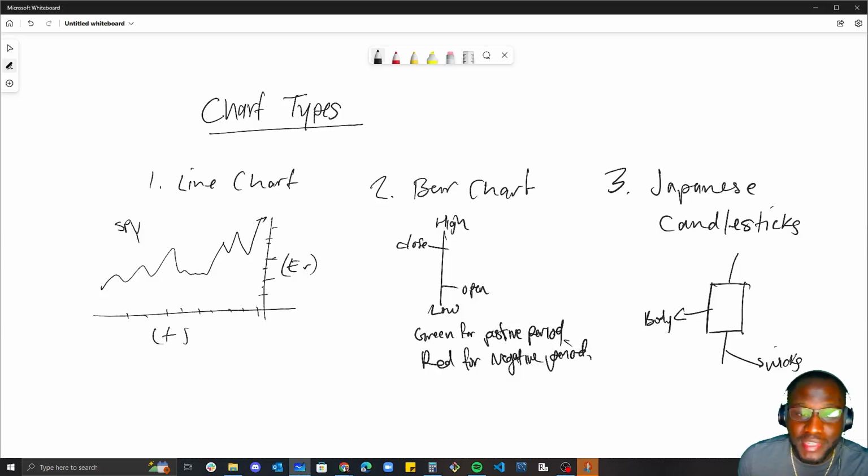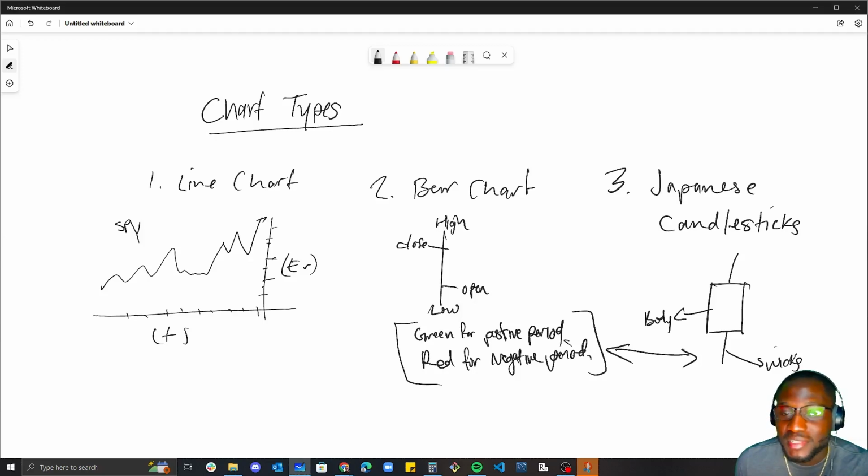And same thing with the bar chart, it's green for positive and red for negative. Basically negative would mean it opened here and closed here, and it'll be red, and vice versa for positive. That's just what that means.